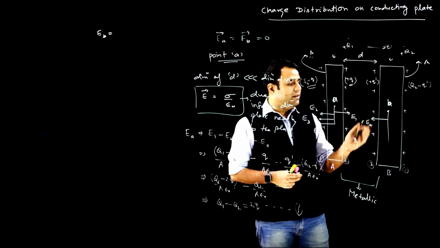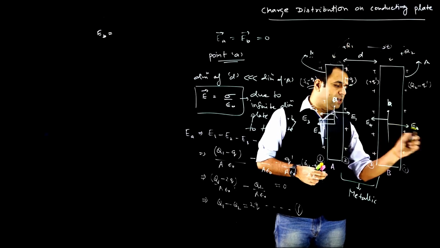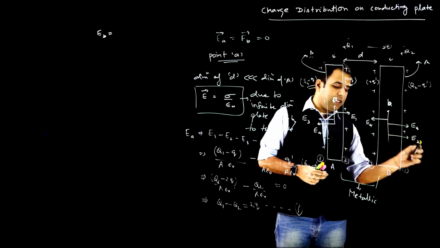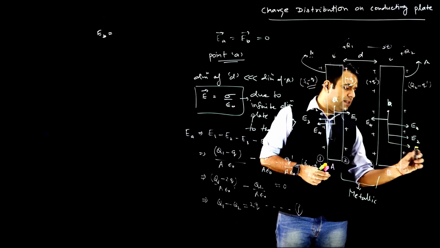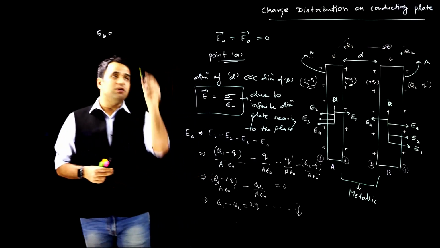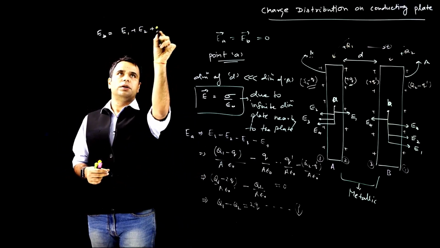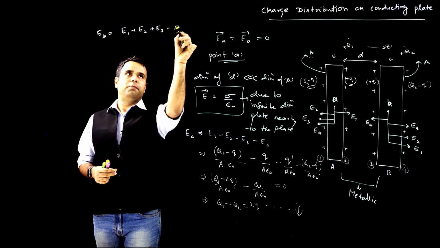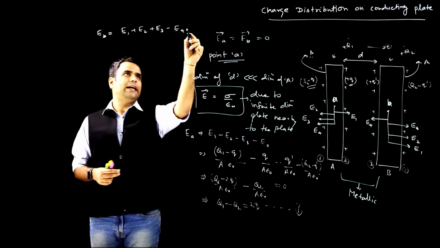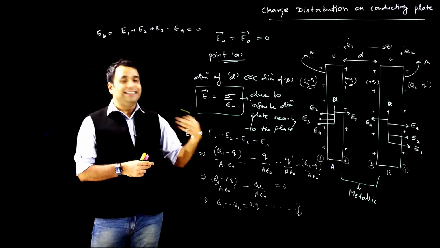Now there is this 3 on the left side, so the electric field because of 3 will be onto the right side. Then there is E2, and then there is E1. So EB will be equal to E1 plus E2 plus E3 minus E4, and that will be equal to 0 because the B point lies inside the conductor.